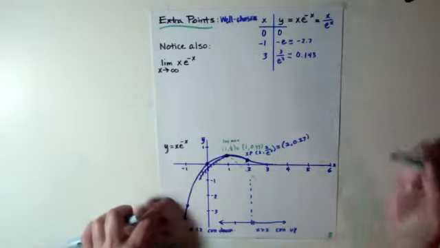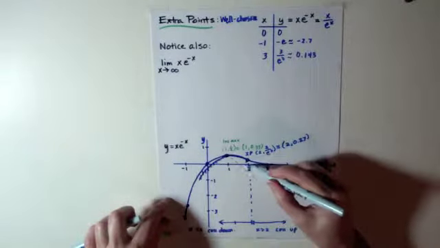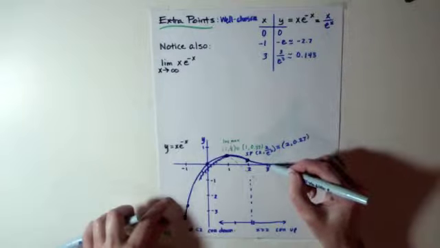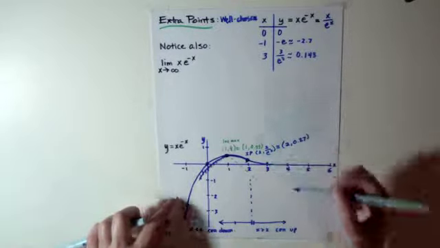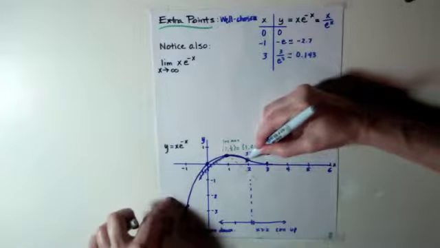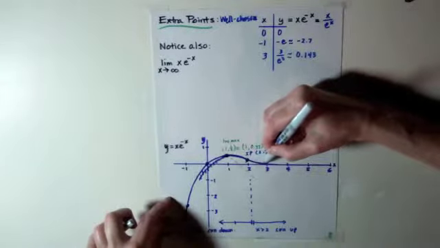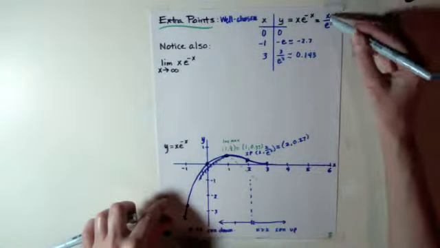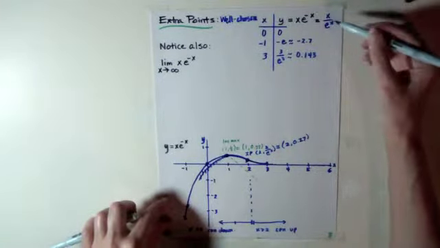It's positive but small. So when I get out to 3, I'm only up 14 hundredths of a unit above here, which is actually pretty close to the x-axis. So this is sort of going down like this, but it will be something that is above the x-axis because this expression is going to be positive whenever x is positive.